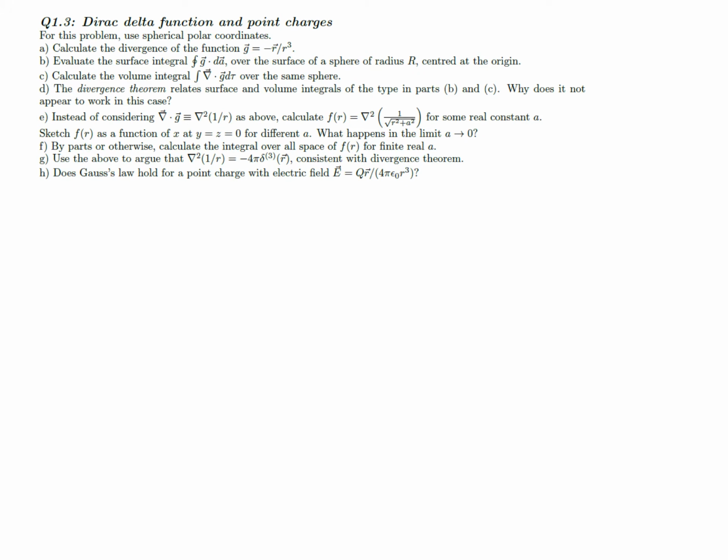So let's have a look, first of all, sensible place to start, with question A. Calculate the divergence of the function g, which is a vector field, equal to minus r vector upon r cubed. So let's actually write this again as minus r hat upon r squared, and we need to calculate the divergence of this.